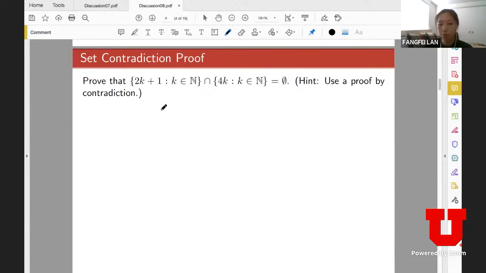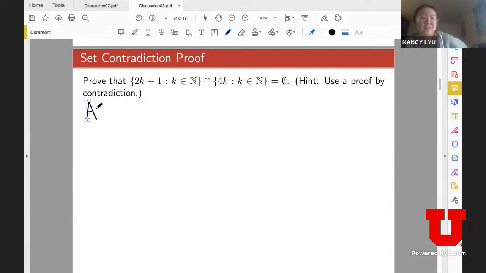So if we want to use proof by contradiction, why is that? We want to assume there actually exist elements in the intersection of these two.